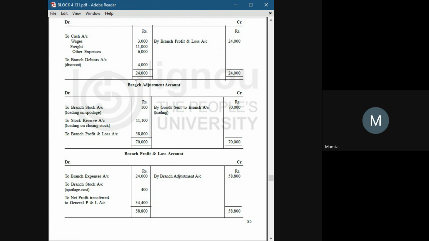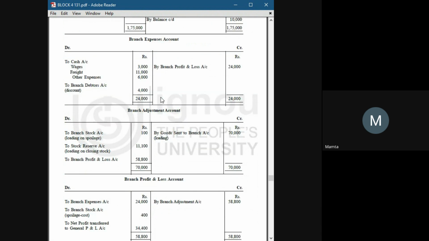And this branch adjustment account is related to the loading account, meaning the loading we have created during the transactions. It is related to the loading, invoice and cost difference.